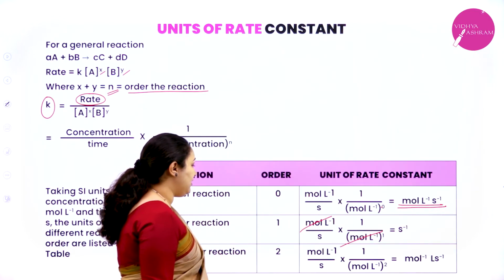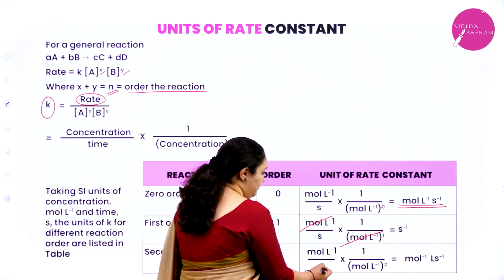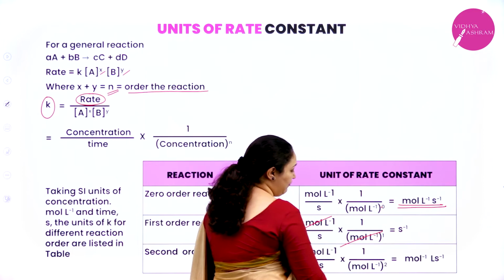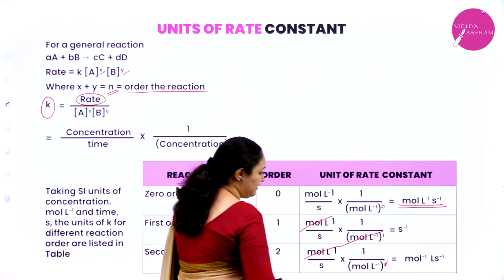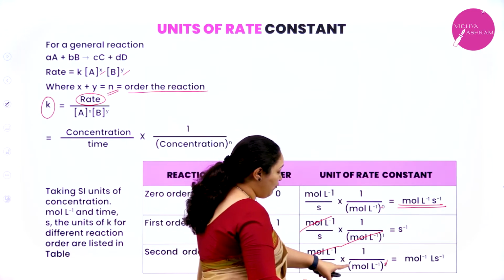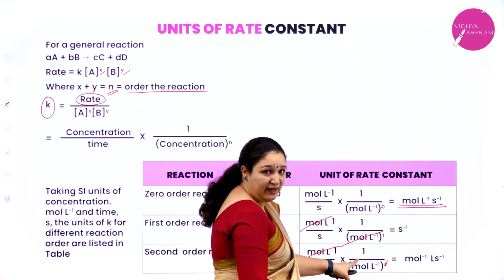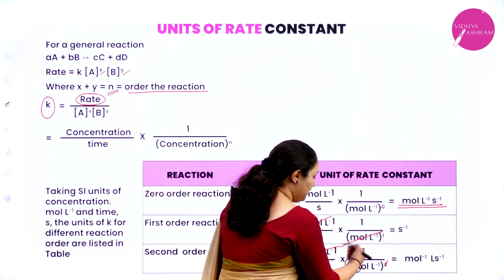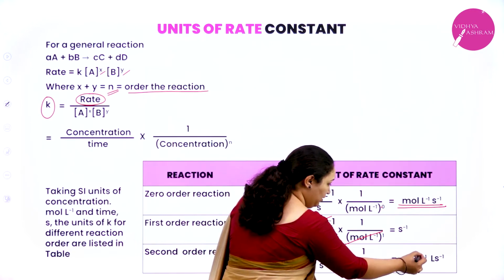Next, for second order reaction, mole per liter per second into 1 by mole per liter to the power 2. So 1 and this one gets cancelled. So I have one more mole per liter in my denominator, which when I take it to the numerator, it will become per mole.